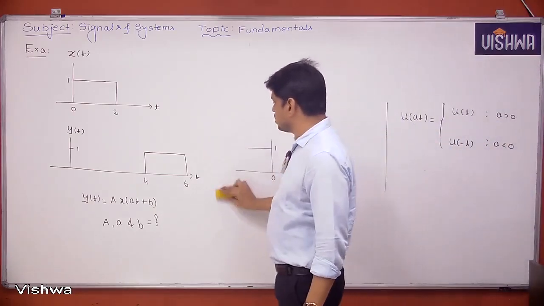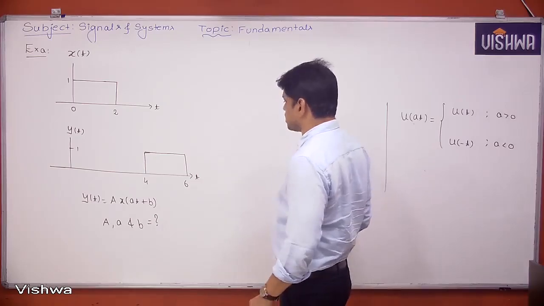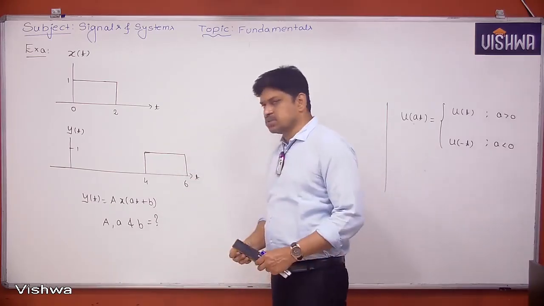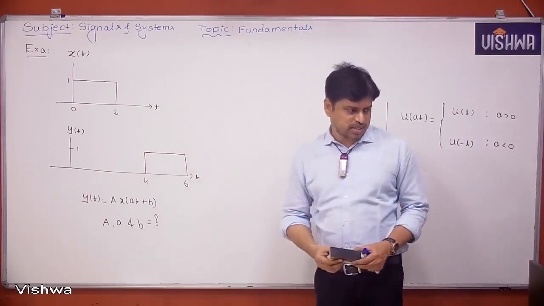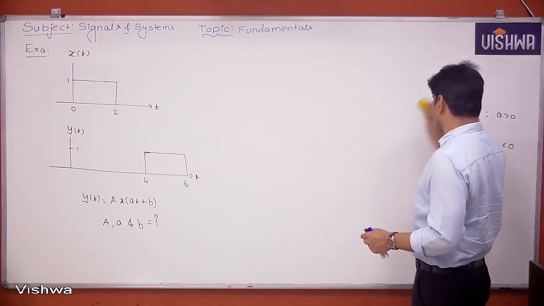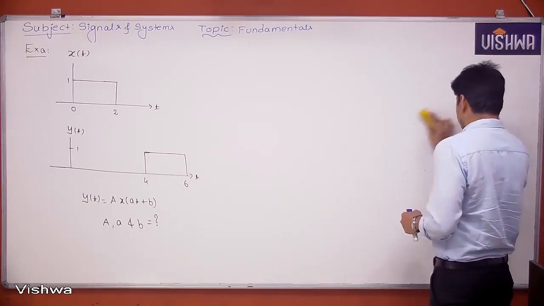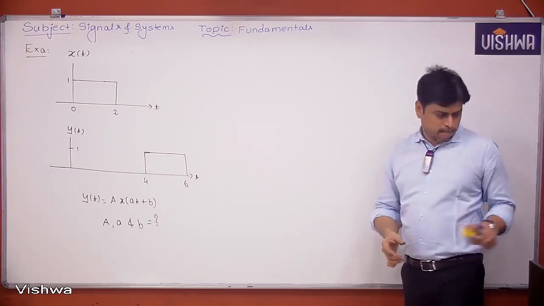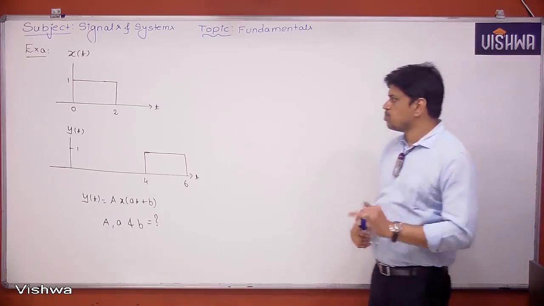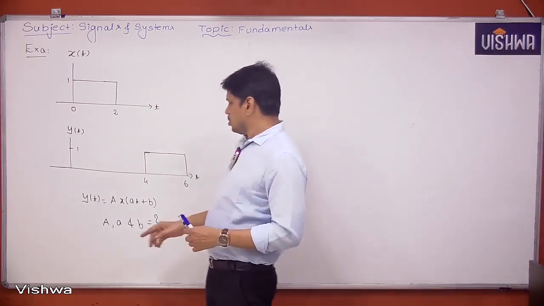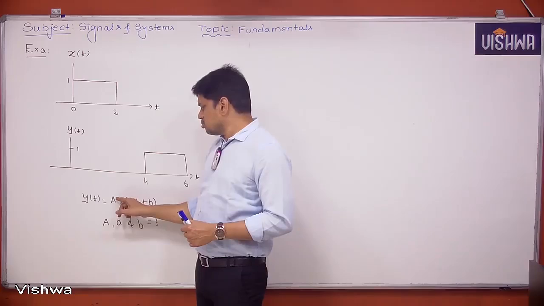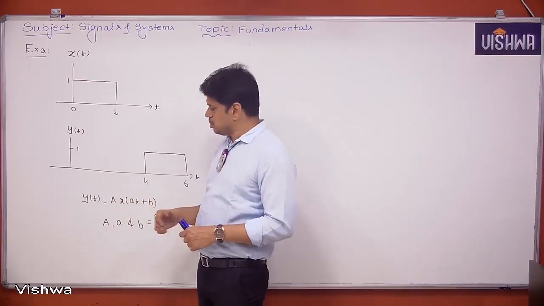That means they have given two waveforms and the relation between them. Then they want us to find those constants. Okay, first, one by one, let's see. The capital A value may not be equal to 1.